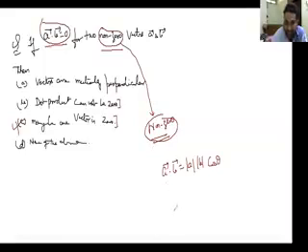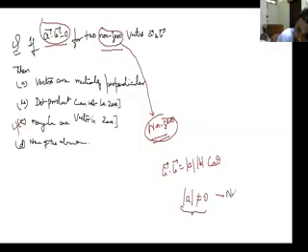This is a unit vector in the direction of A, and this is a unit vector in the direction of B, but the direction of A and B is same. Why are they same? Because they are collinear. Understand?